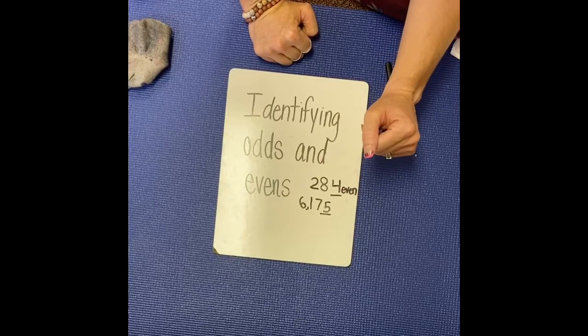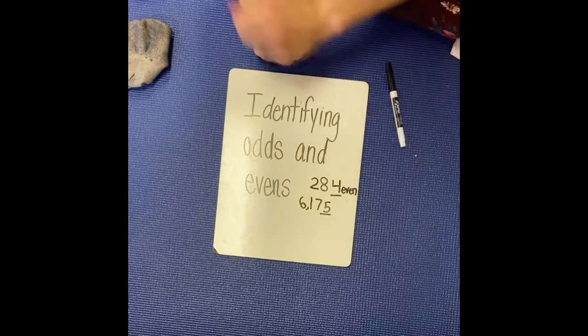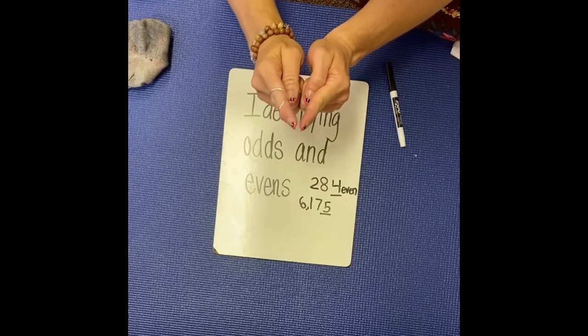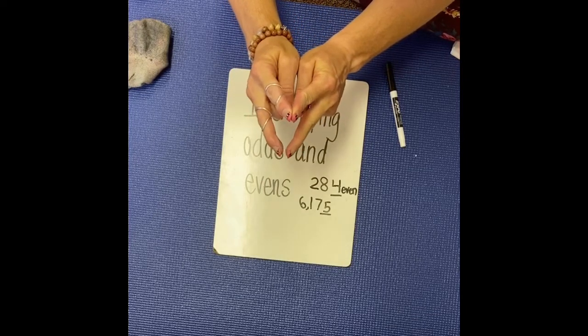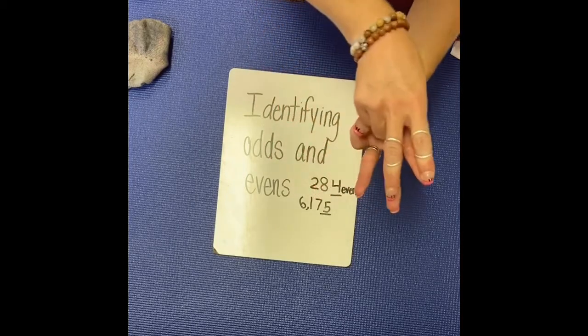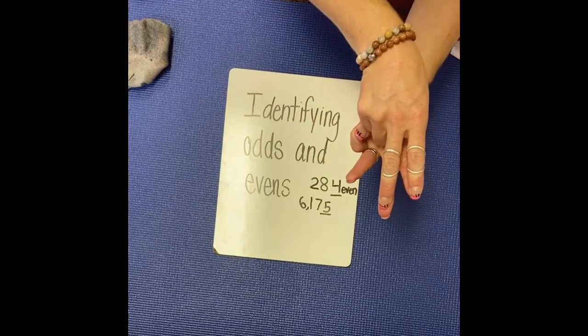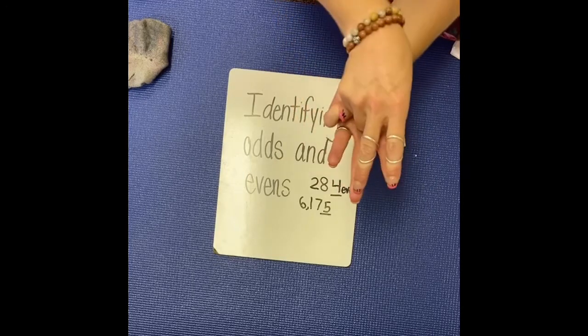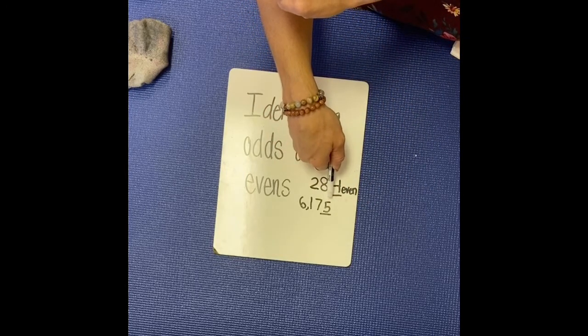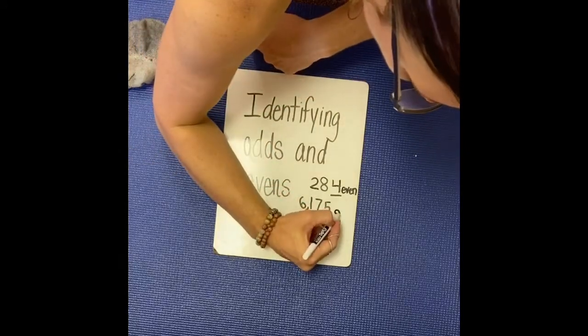You may already remember from all of the review that we've had. Let's do this. Hands together. 1, 2, 3, 4, 5. Oh, look right there. He does not have a partner. 5 is odd. So 6,175 is also odd.